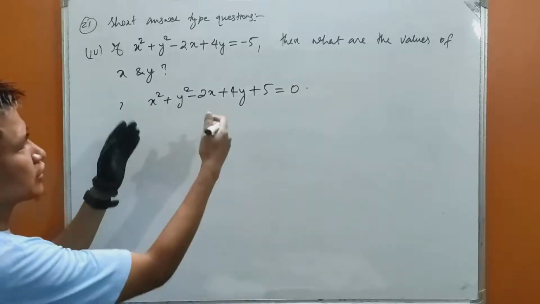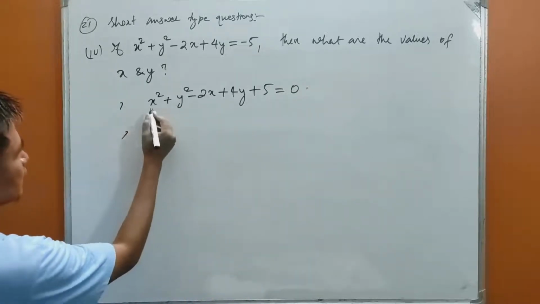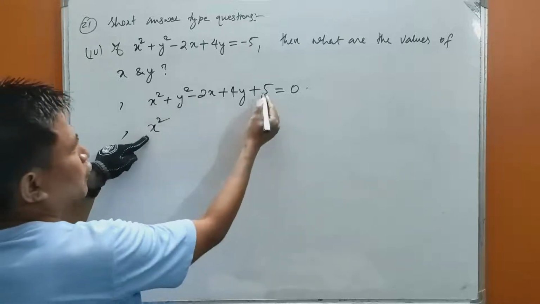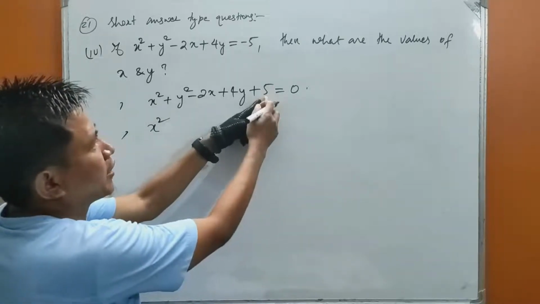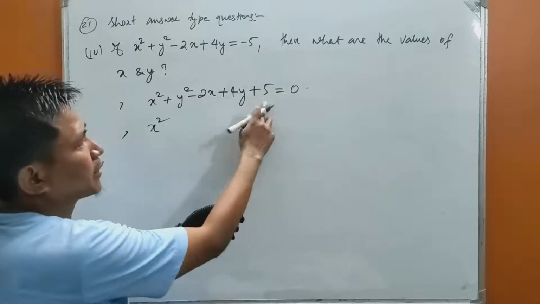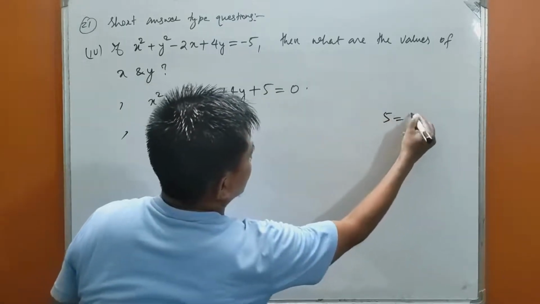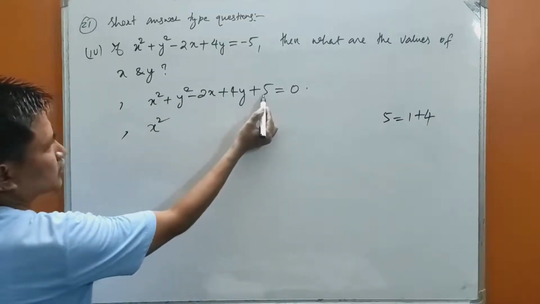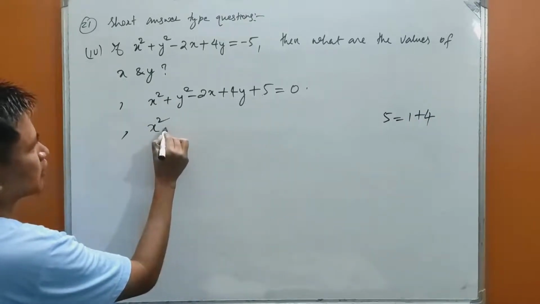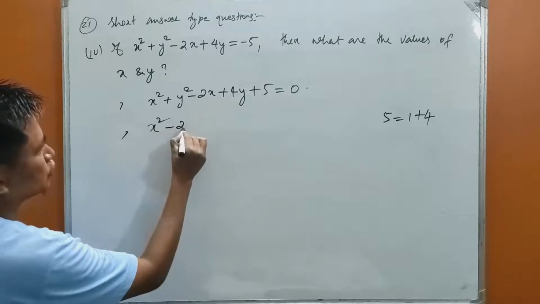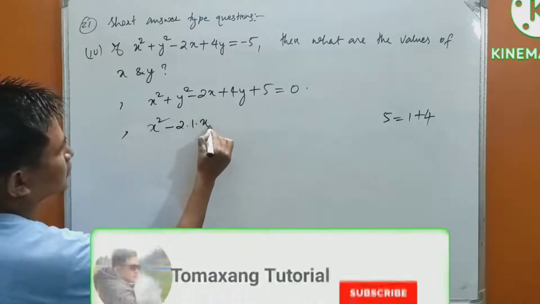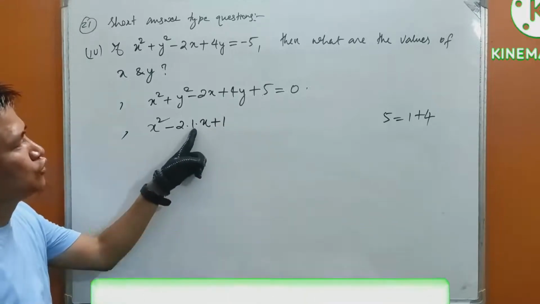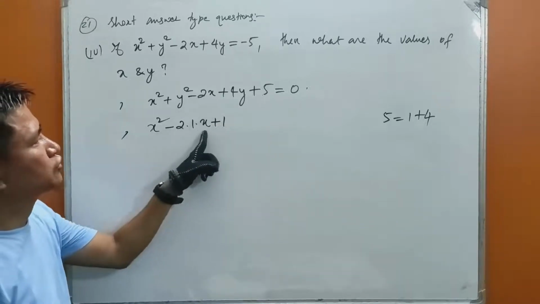Now I am trying to make the squares, okay? Perfect squares. X square, this x square. From here, from 5, I write 1 plus 4. This 5 can be written as 1 plus 4, isn't it? So I write this 1 here, x square minus 2 into 1x plus 1. 2 1s are 2. 2 into x, 2x minus 2x.